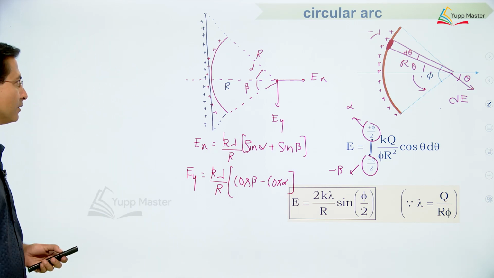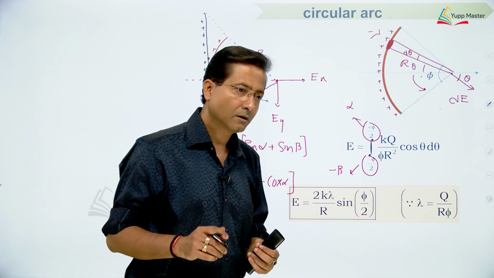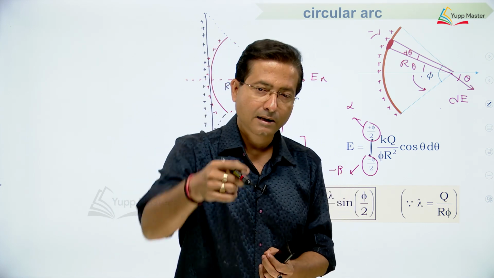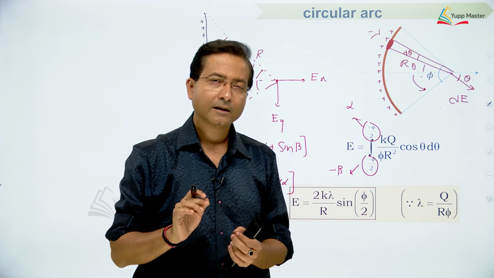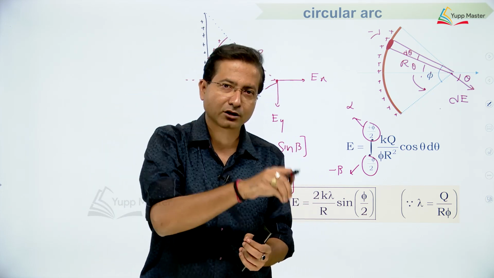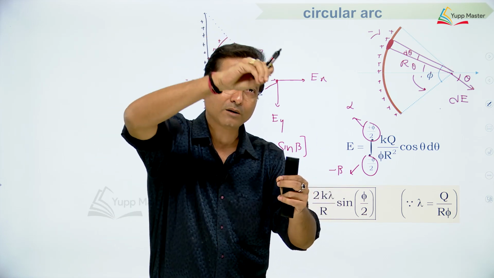So, circular arc over. What we have done till now, we have seen the field produced by a ring at any point on the axis, at the center. Then we saw even if we have distributions which are symmetrically placed about the axis, the formula is the same.